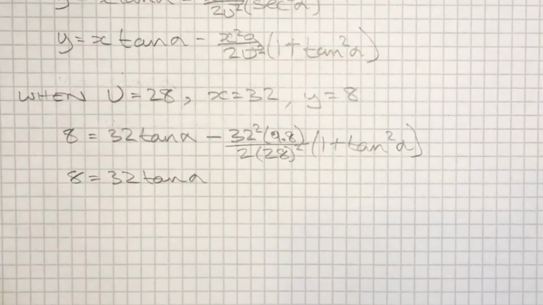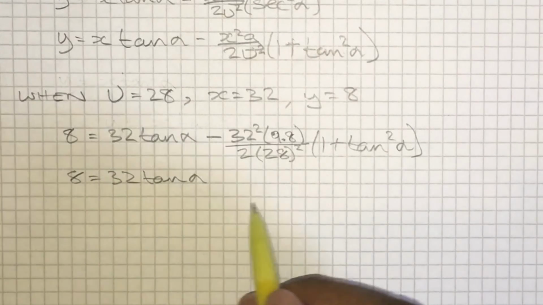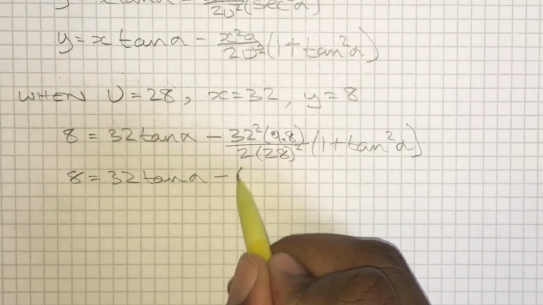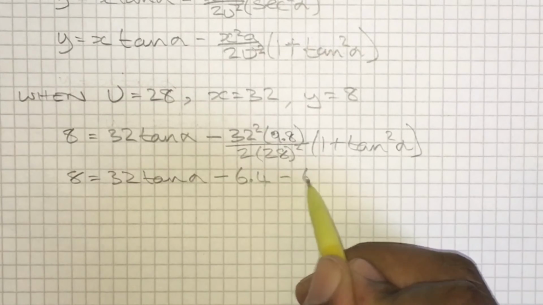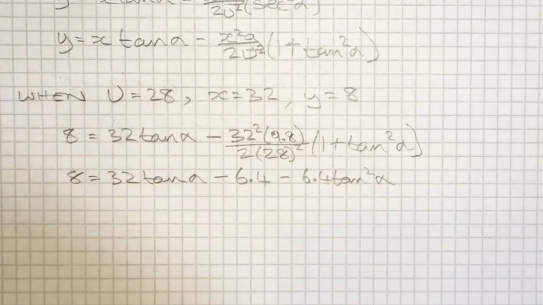And we're going to try and simplify it from here. So this whole coefficient of the bracket simplifies away to 6.4. And I'll expand at the same time. So subtract 6.4 tan squared alpha.